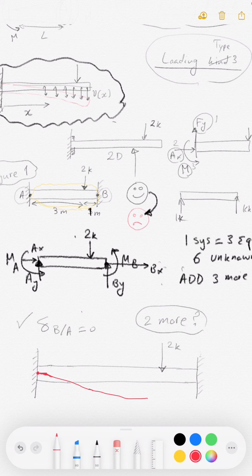If the 2K force was at exactly the middle, the bottom line of the deflection curve would be exactly in the middle. But I go somewhere and I reach my absolute minimum here, and then I go up, and then I come back to point A, then I come back to point B.